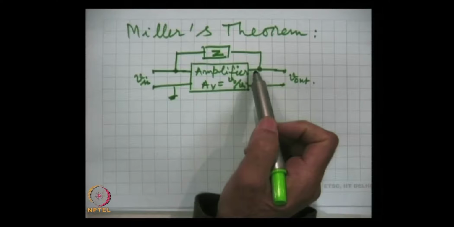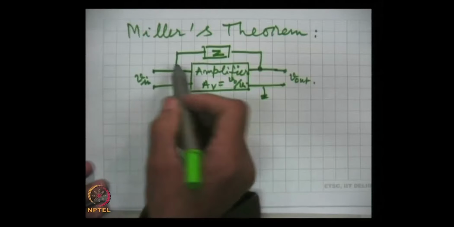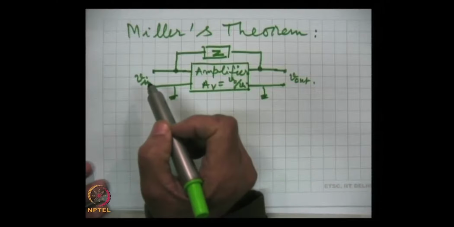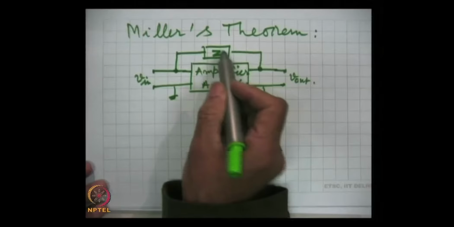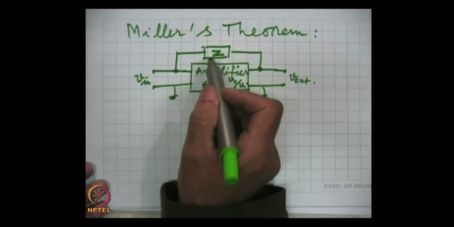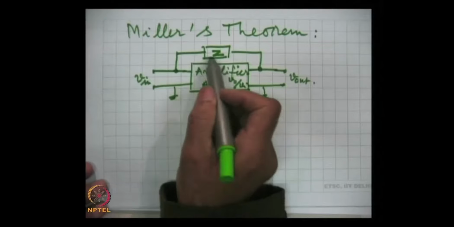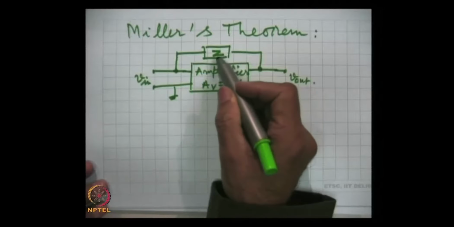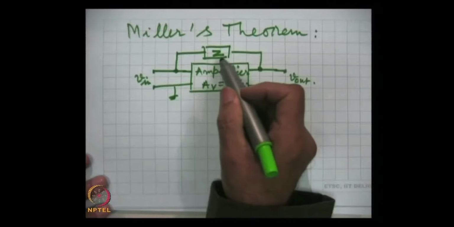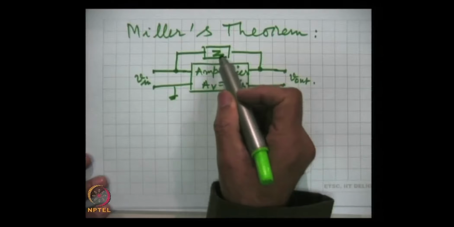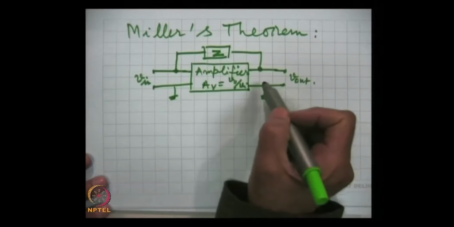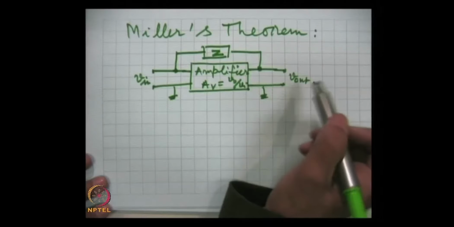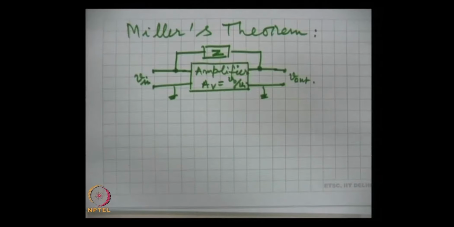How to analyze this circuit? When we are taking the impedance at the input into consideration, what will be the effect of this Z, what will be the magnitude of Z at the input, how can we know? Similarly, what will be the magnitude of this impedance at the output terminal, so that we can take the analysis further.